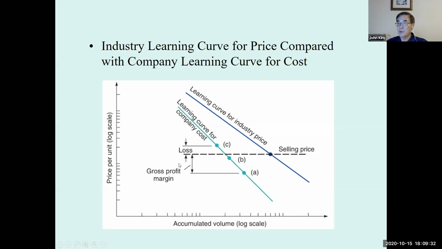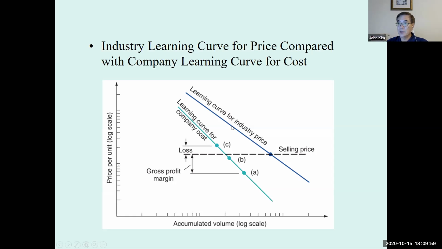So if the company's learning curve or percentage is under the selling price, then there is no profit or margin. But if it is higher than the industry average learning percentage, then there is a kind of loss.